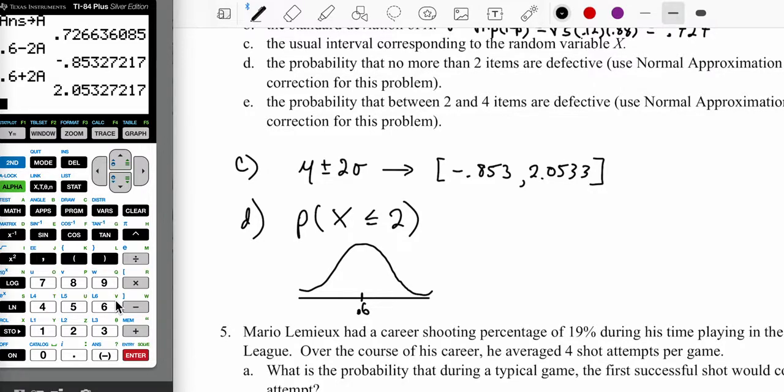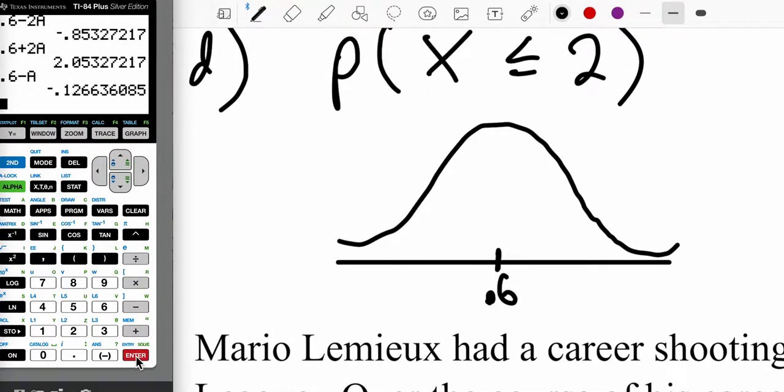I need to go out 3 in each direction. This will be fun. So 0.6 minus A, that's 0.127, but negative.